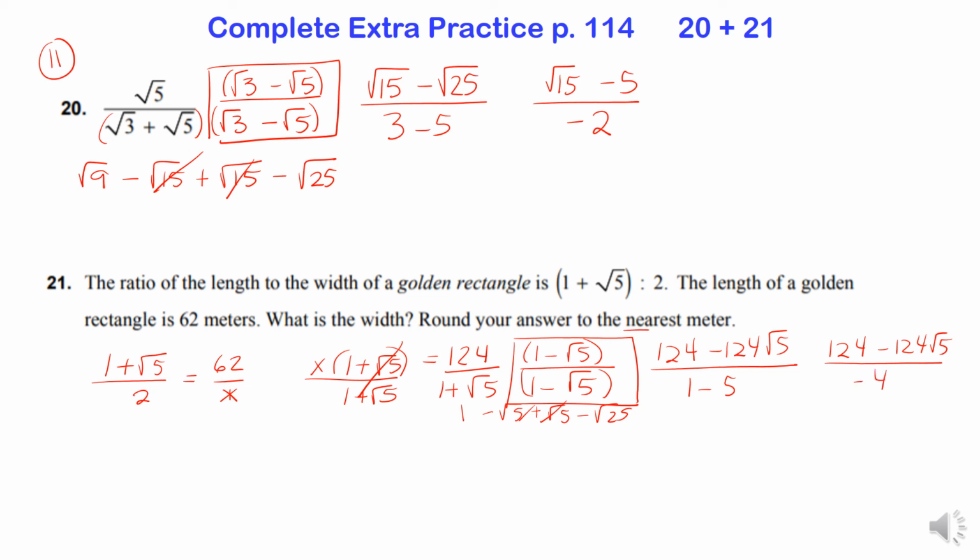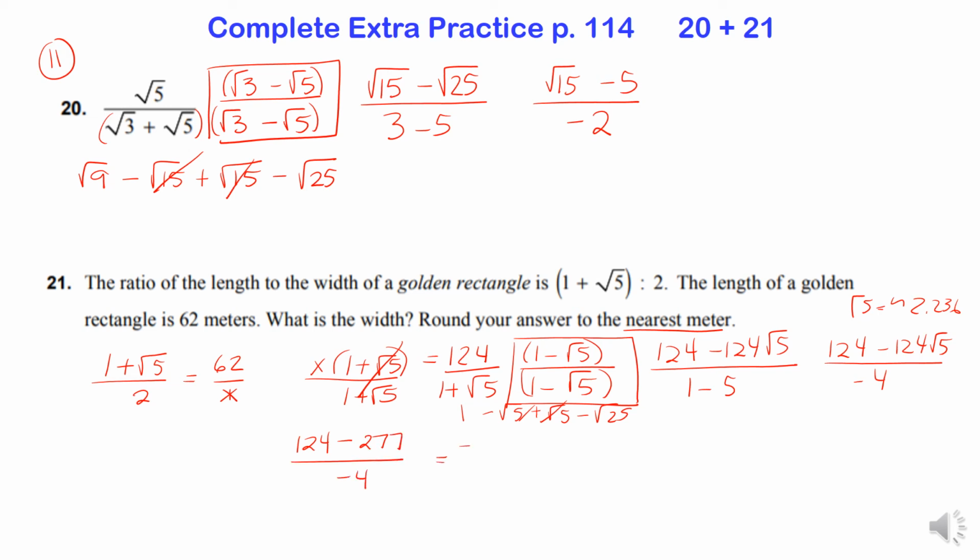But this tells me they want the answer to the nearest meter. So 124 minus, and I multiplied the square root of 5 is approximately 2.236. So I'm going to go ahead and multiply that, and that is times 124 is 277, and that's over negative 4.